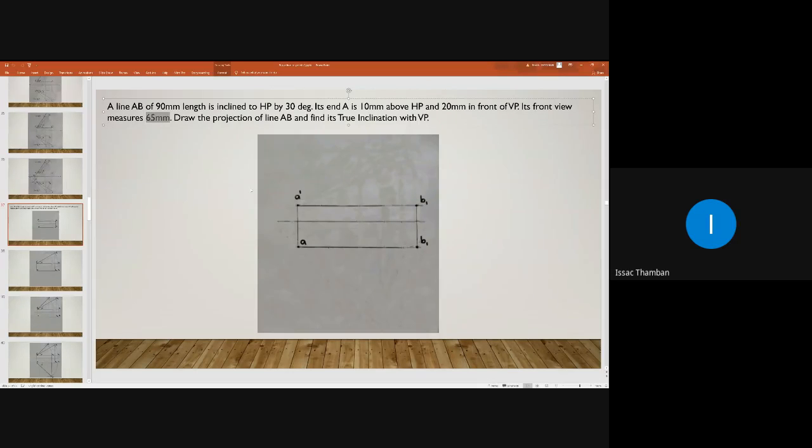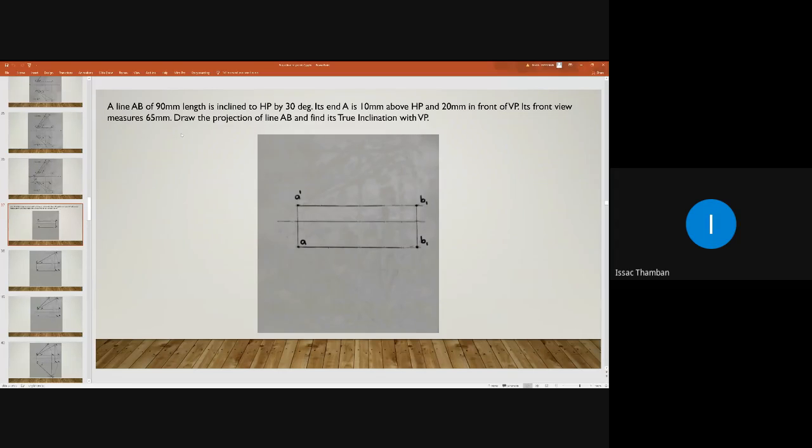Front view measures 65 mm. That means here the line is inclined to SP and VP. In the question, it is not clear, but it is inclined to SP and VP. So here, the third sentence, its front view measures 65, means the elevation length of line AB is given.